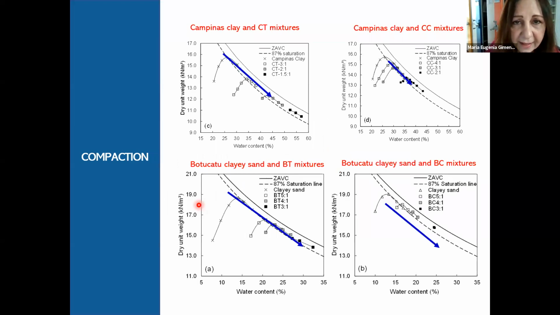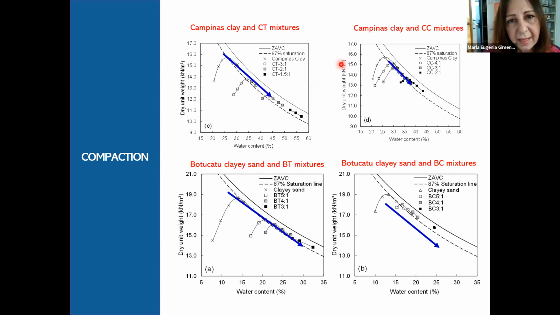In the compaction tests, for all mixtures, the maximum dry unit weight decreased and the optimum water content increased with sludge addition. These are all results, and we could find good linear correlations between maximum dry unit weight and optimum water content versus sludge content.